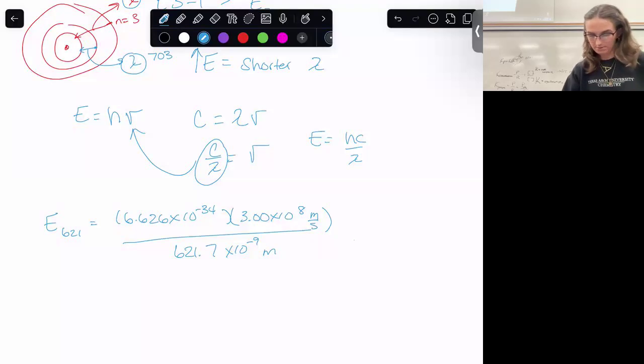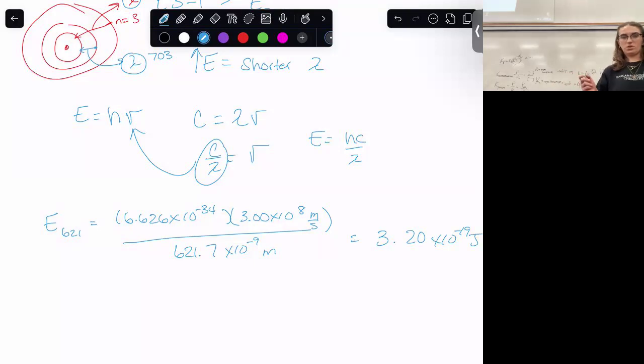So I got 3.20 times 10 to the negative 19 joules. That would be for the 621 one.